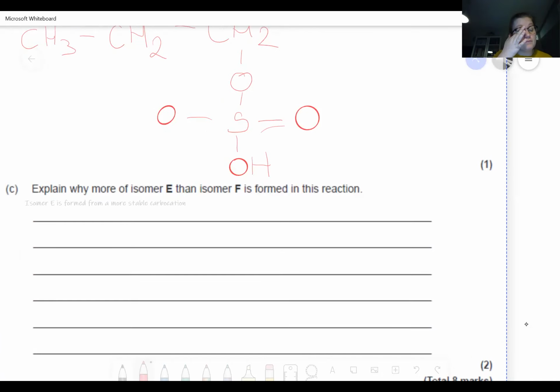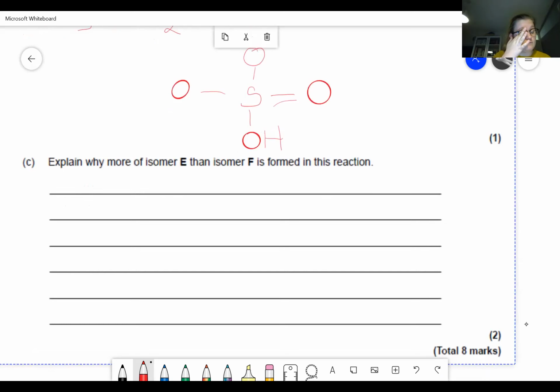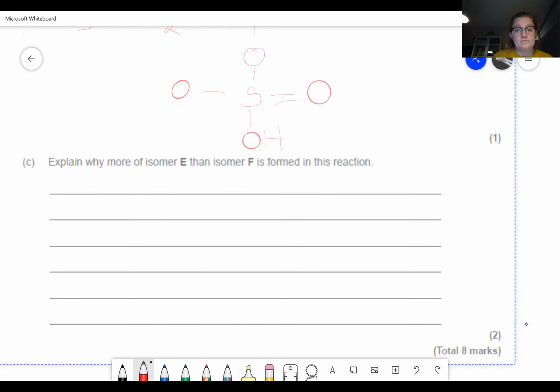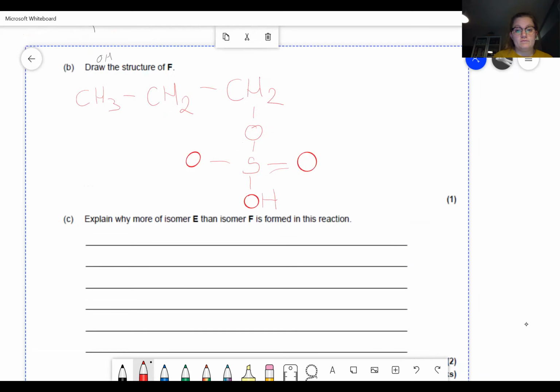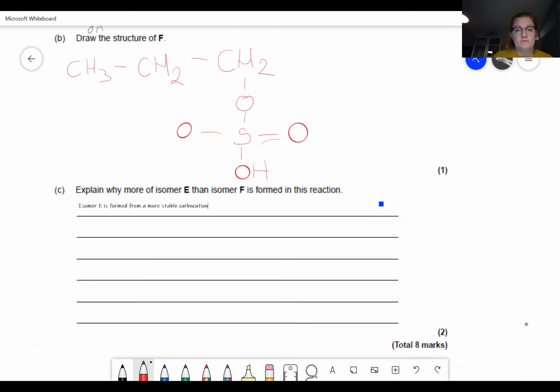Right. So isomer E is formed from a more stable carbocation.